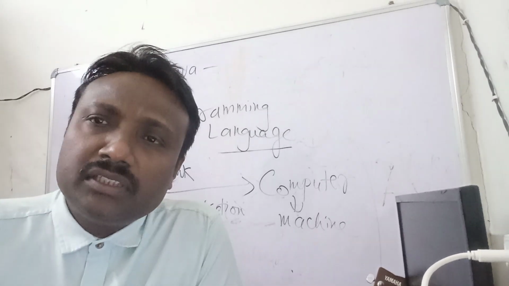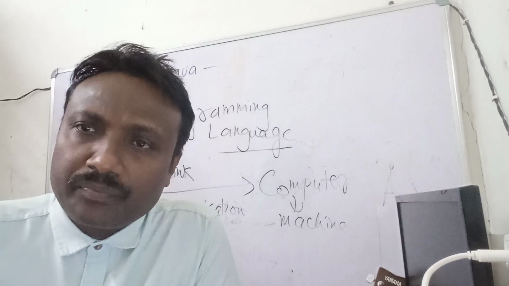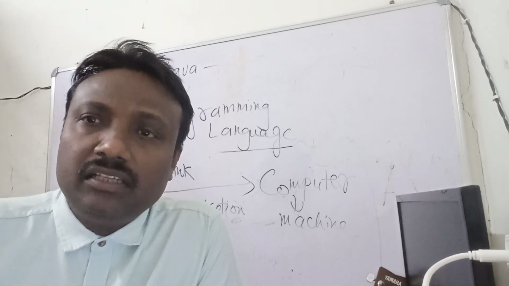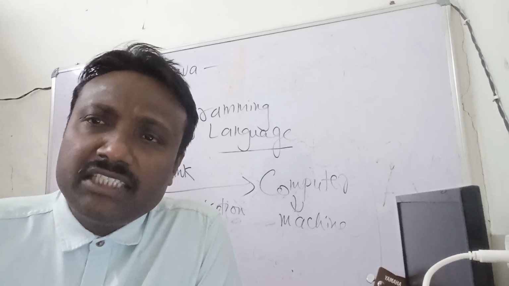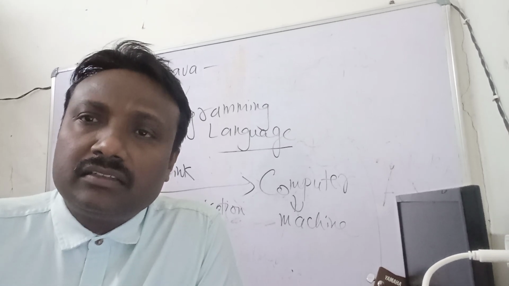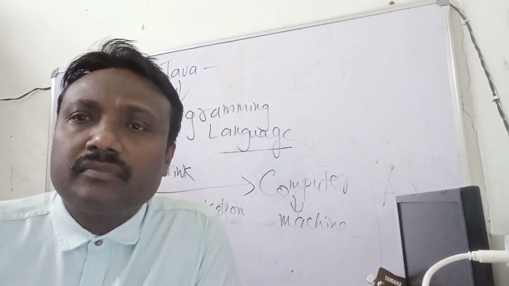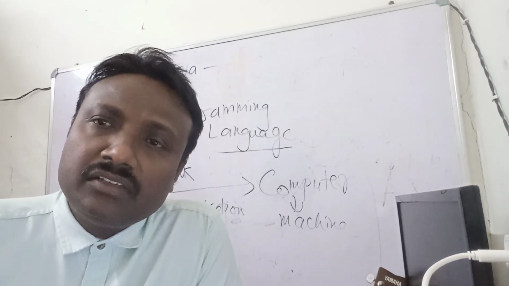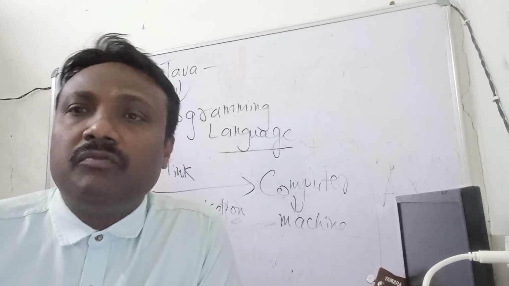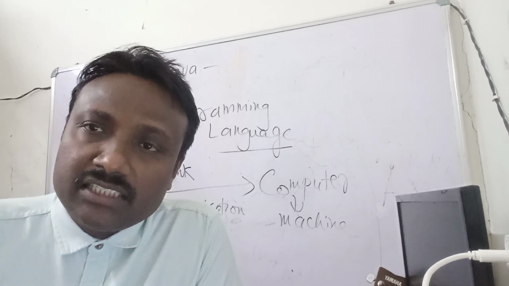So, which language does a computer understand? My dear students, the computer understands binary language, 0 and 1. These are two states. When the computer is in the off state, it is regarded as 0, and when it is in the on state, it is regarded as 1.